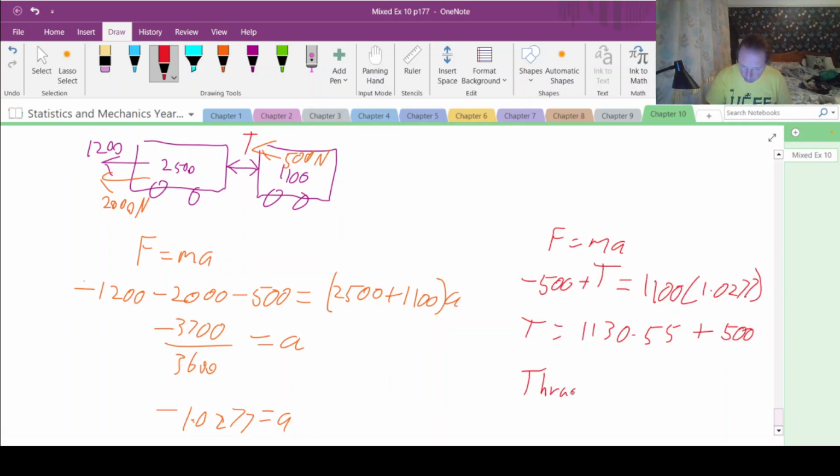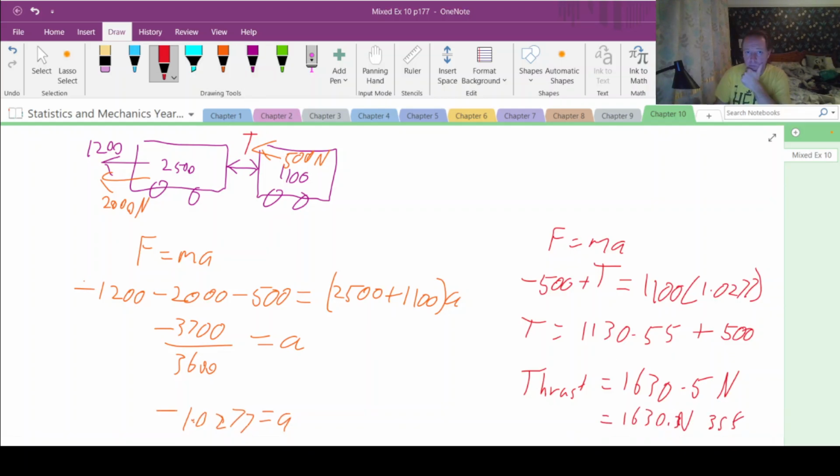Thrust is equal to 1,630.5 newtons. Okay, that's it. Oh, it wants 3 significant places, so 1630 newtons to 3 sig fig.